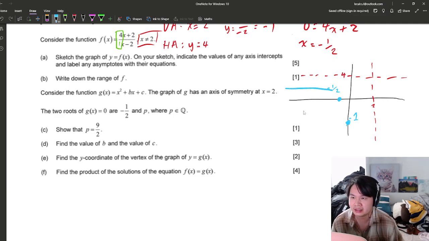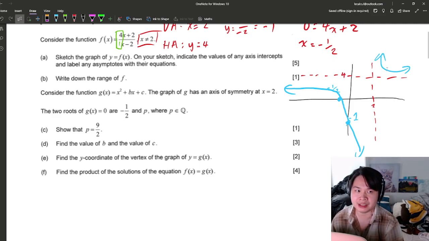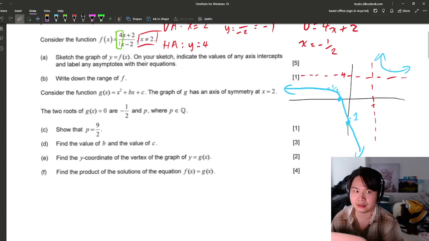Okay, and then the rational function shape looks like this. And then over in the opposite corner, for SL at the very least, it will be in this opposite corner over here. And we don't need to have much information about this side. You could take a coordinate like after 2 for x, like 3, and then you can plug it in if you want a definite point, but this is usually good enough.